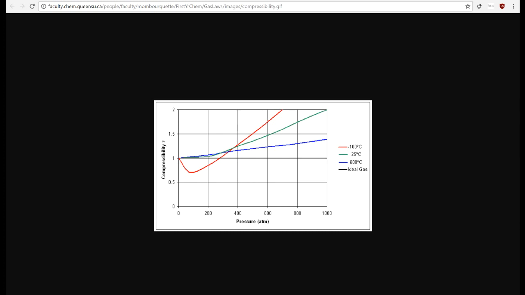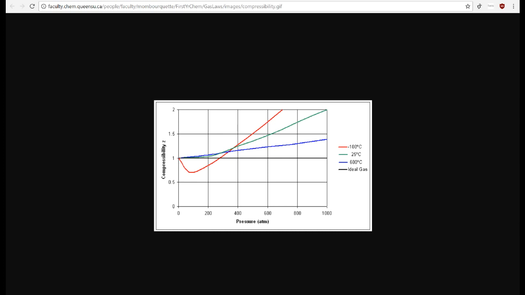The red line is at negative 100 degrees Celsius, so you can see it deviates a lot from ideal behavior. Then you have the green line at 25 degrees Celsius, and the blue line at 600 degrees Celsius. So you can see the blue line is closer to ideal behavior than the red line is.